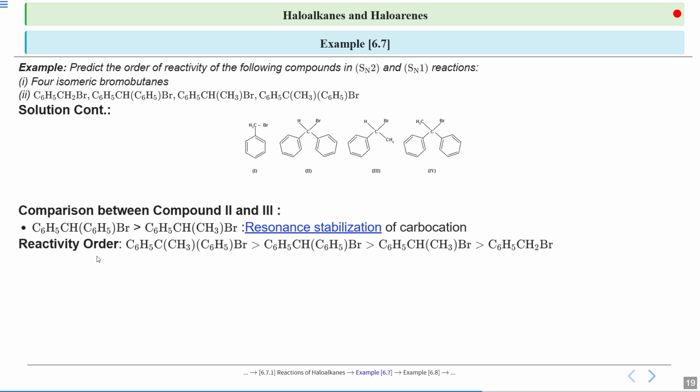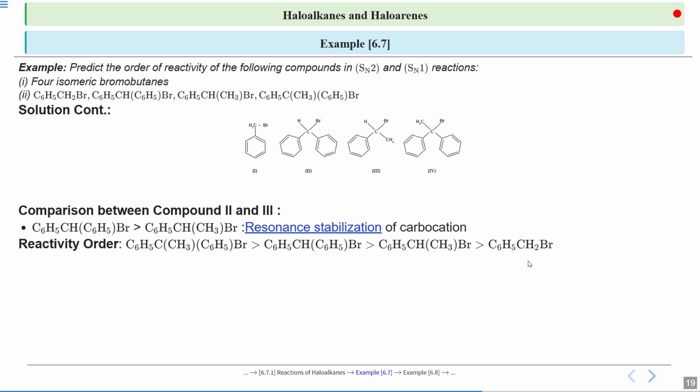So the overall reactivity order will be highest for C6H5C(CH3)C6H5Br, that is your tertiary one. Then C6H5CHC6H5Br, then C6H5CHCH3Br, and then C6H5CH2Br.